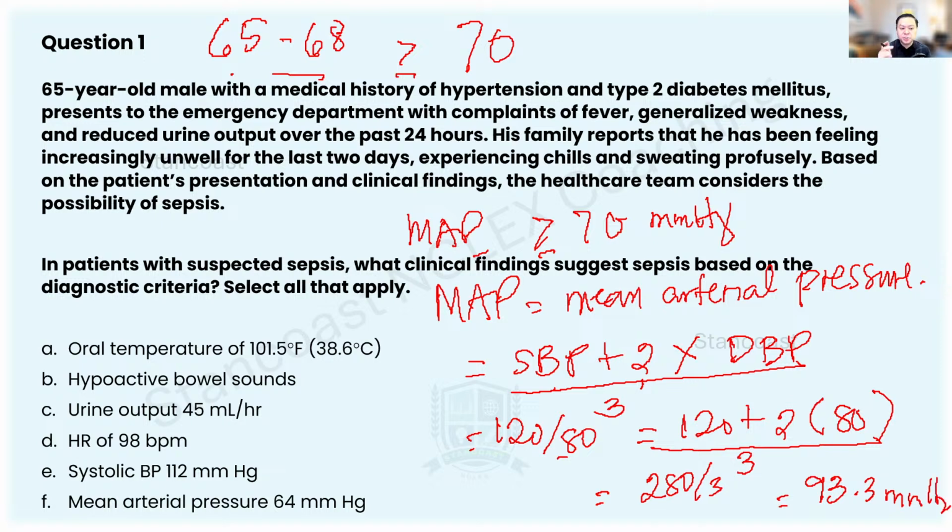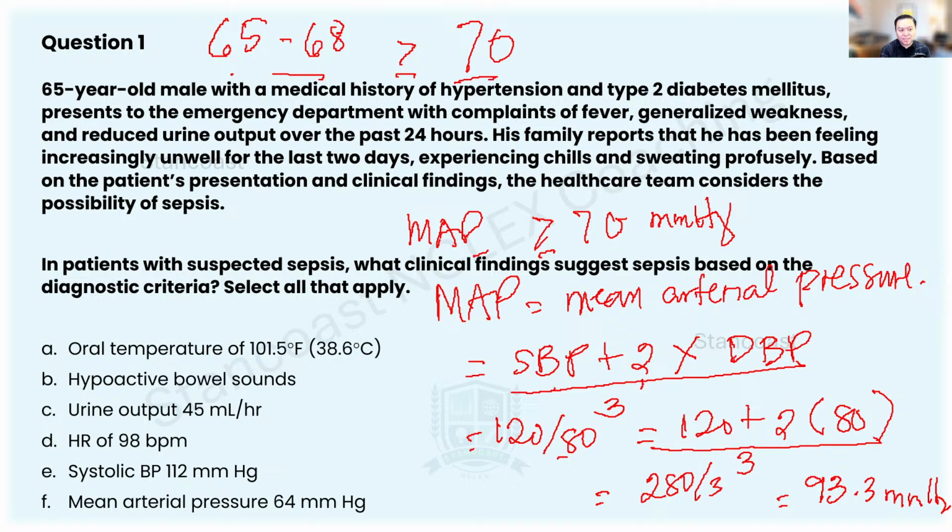Just utilize the patient's systolic blood pressure, and the diastolic blood pressure multiplied by 2, and then you have your numerator divided by 3, and this will yield your mean arterial pressure. Again, in the literature, the accepted normal mean arterial pressure is 70 or greater.